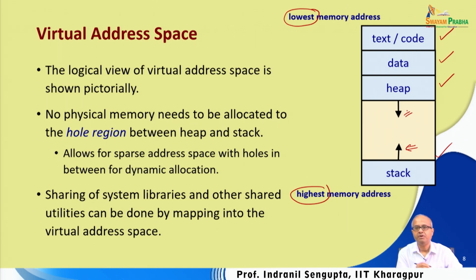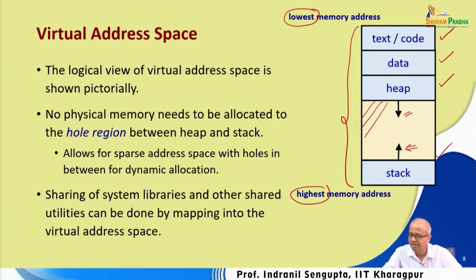Okay. So, now if you think of a process, this is the picture of the whole process address space. This is the entire region, but the point to note is that there is a part in the middle which is kept vacant for expansion of the stack or the heap. At any given point in time, if this denotes the snapshot of the process, that middle part does not contain any valid data.